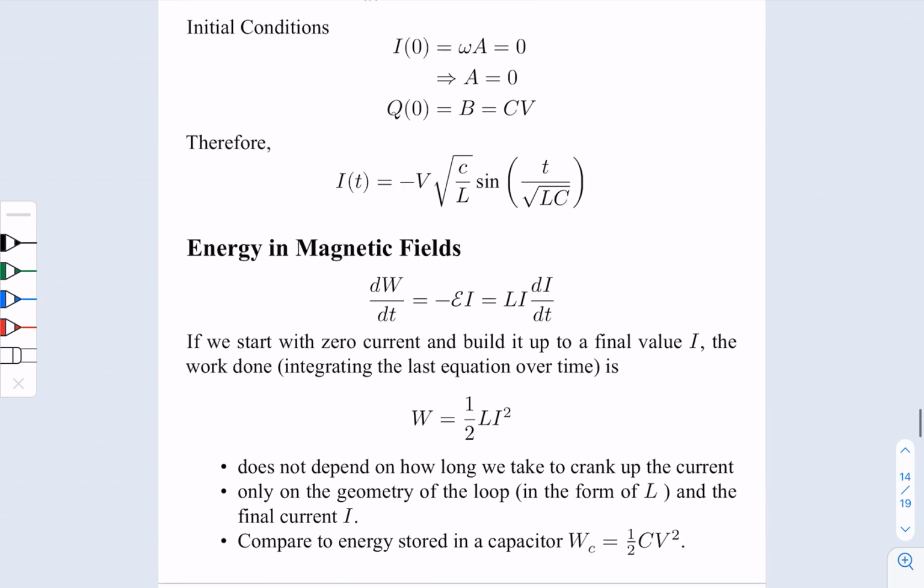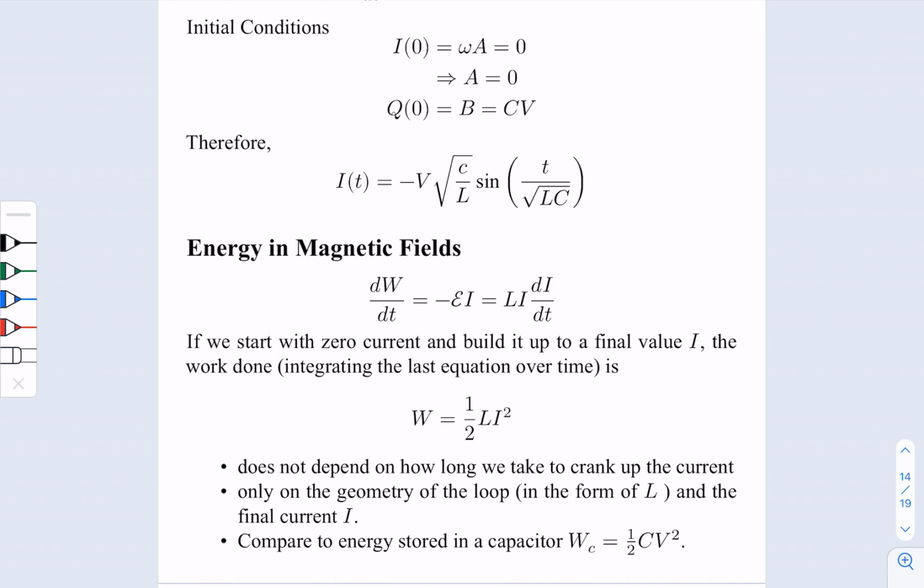So last, I guess that we don't have all the time to finish that, but I will try to mention a little bit about how to calculate the energy stored in a magnetic field. So I wonder if you still remember the expression for the energy stored in an electric field.